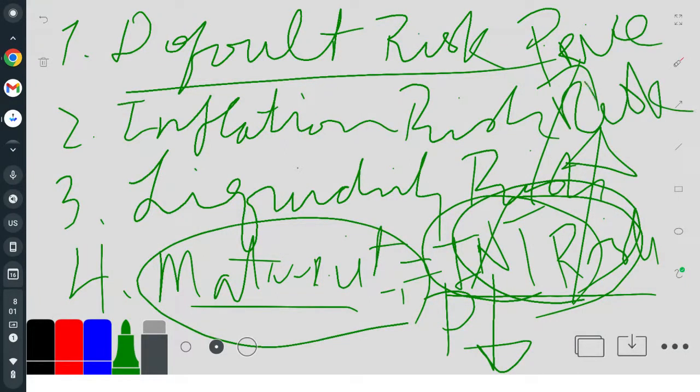Because price will fluctuate. If interest rate goes up, price will go down. And the longer the maturity, the greater the chance of price fluctuation. Hence it's also called price risk.